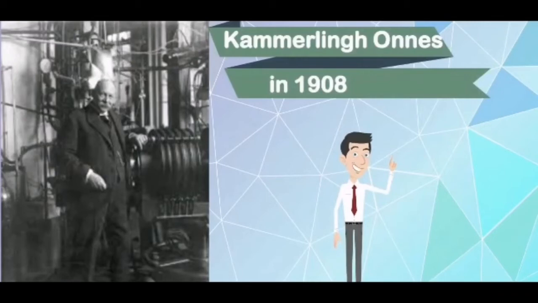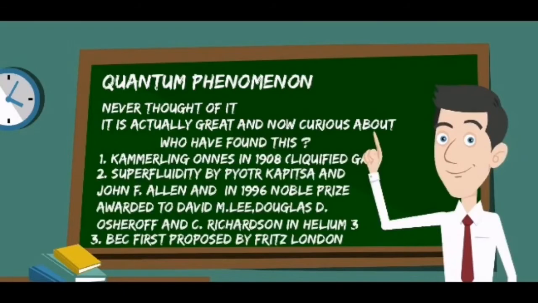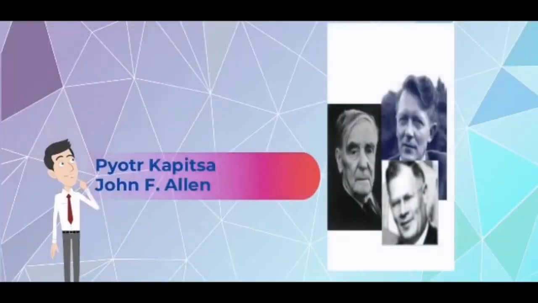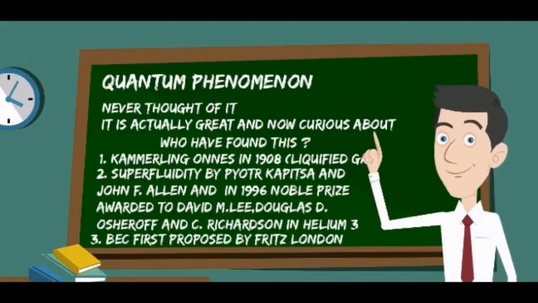However, evidence of what is without doubt the most fascinating property of this unique liquid, superfluidity, was not reported until almost 25 years later. Superfluidity was originally discovered in liquid helium by Pyotr Kapitsa and John Allen.